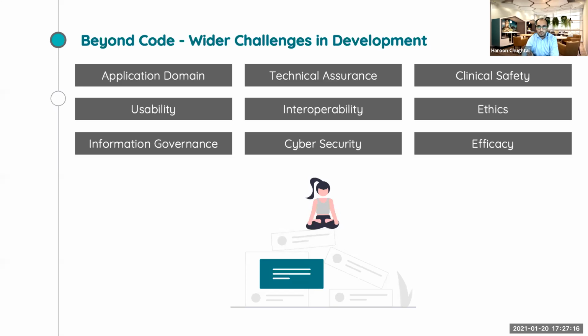And what I'd like to focus on for the majority of this bit is some of the domains that go beyond code, introducing what the challenge is and why they're important, not going into much depth about how to solve them, as I'll leave that to the talk for next week.